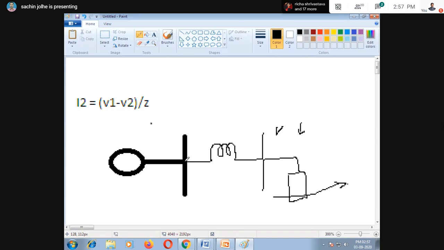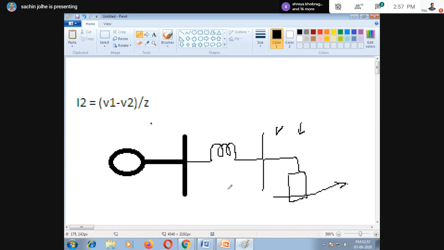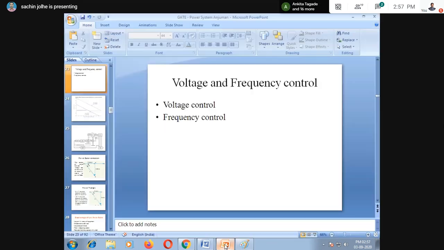Most of the generation is on those only. So if suddenly the load changes, the speed of the turbine is going to be hampered, and its voltage and frequency are going to change.